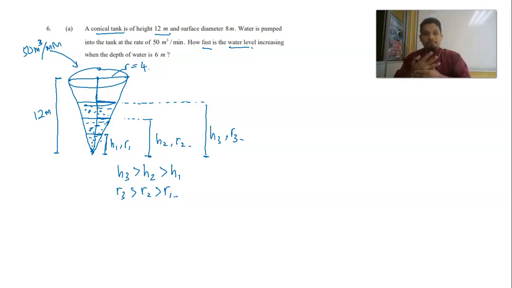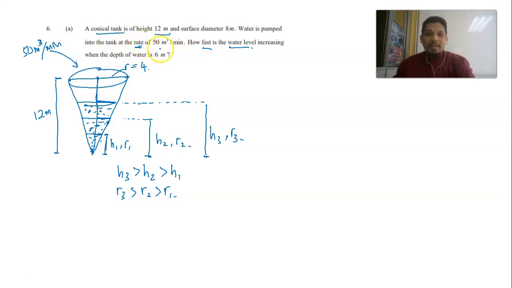Okay. Now, from the information given here, the water is pumped into the tank at a rate. So class, when I mention rate, we are talking about the changes of something. The water is pumped into the tank at a rate, so it has something to do with time.